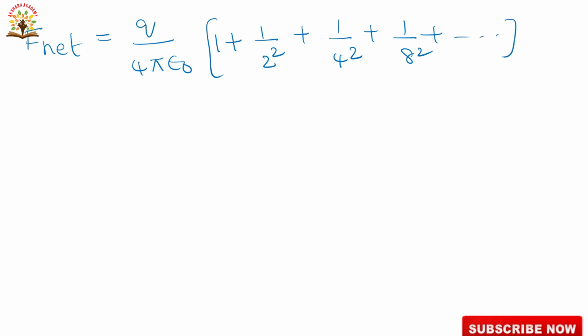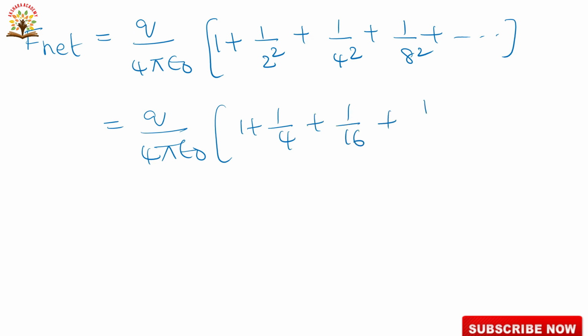So that is equal to Q by 4 pi epsilon naught into 1 plus 1 by 4 plus 1 by 16 and so on. Here this is in the form of S infinity, a geometric series.